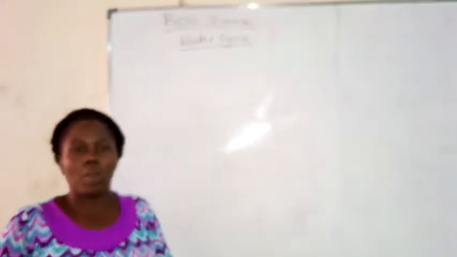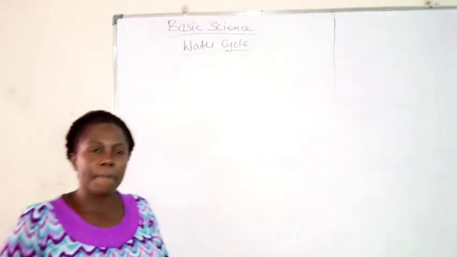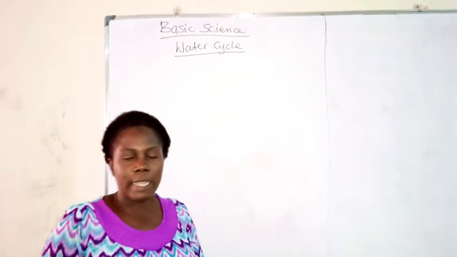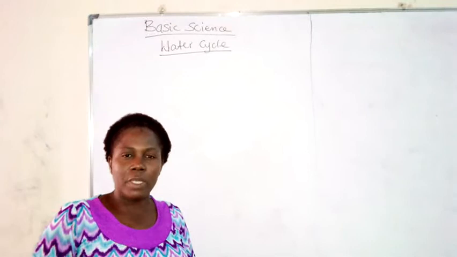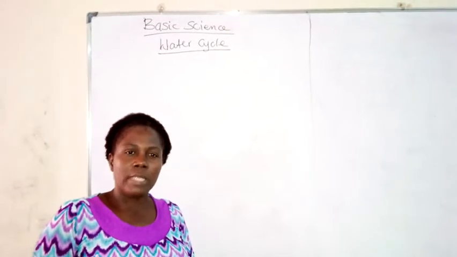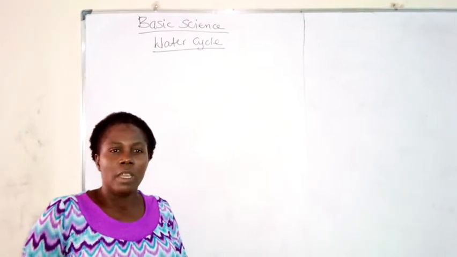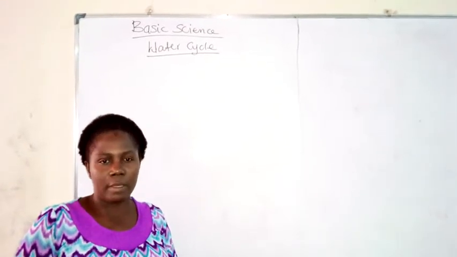We all know what water is. Primarily, we've been told that water is a colorless, odorless and tasteless liquid that we drink and use for other domestic purposes. Water is also defined as a universal solvent, a liquid that dissolves almost all other things.